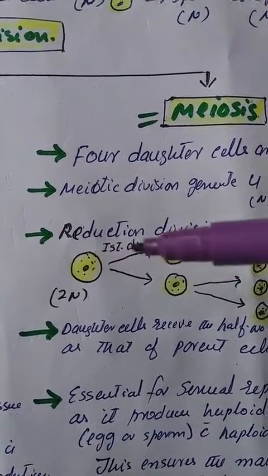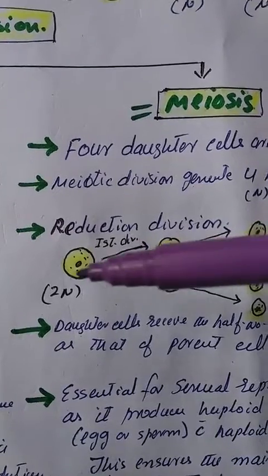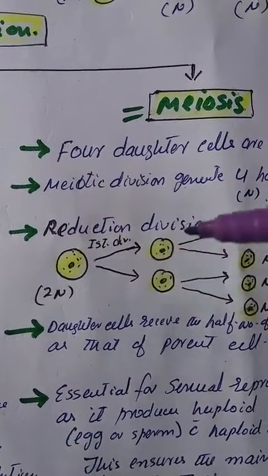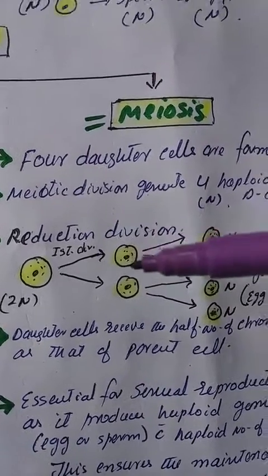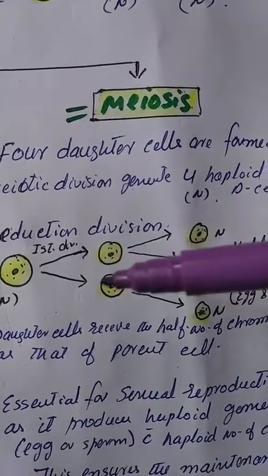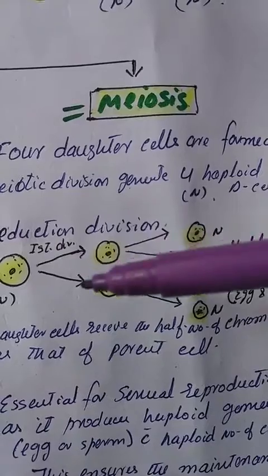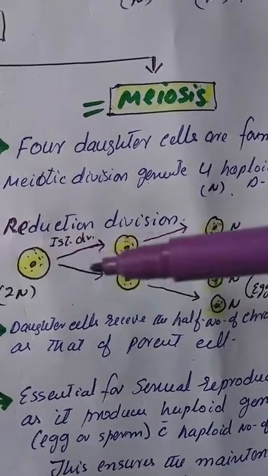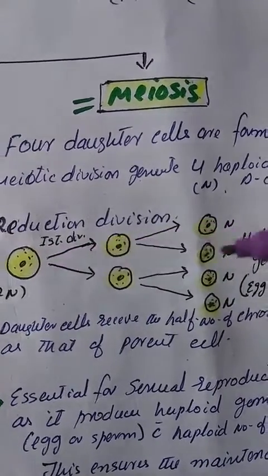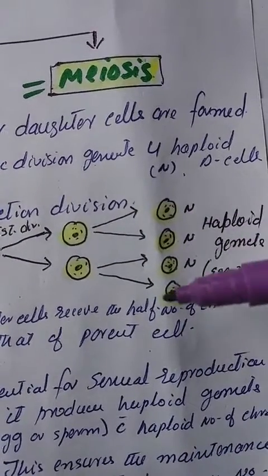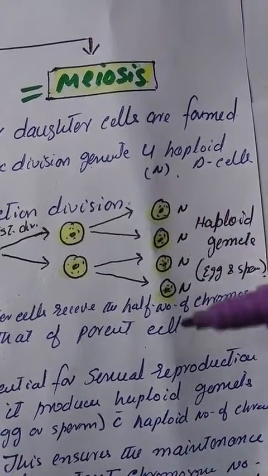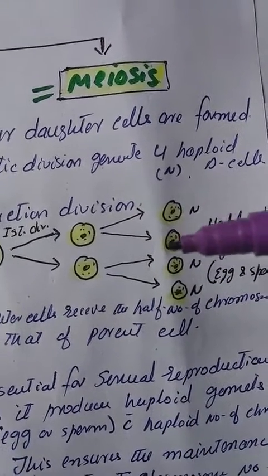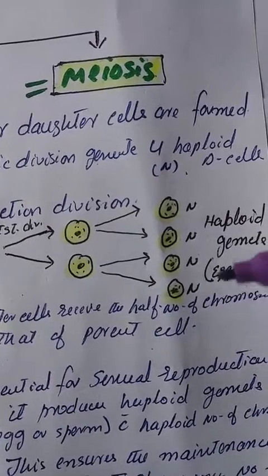The first meiotic division divides the diploid mother cell into two daughter cells. Then in the second meiotic division, each daughter cell produced by the first division again divides into two. Thus, a single mother cell during the complete meiotic division gives rise to four daughter cells with a haploid set of chromosomes. These are also called gametes, or egg or sperm.